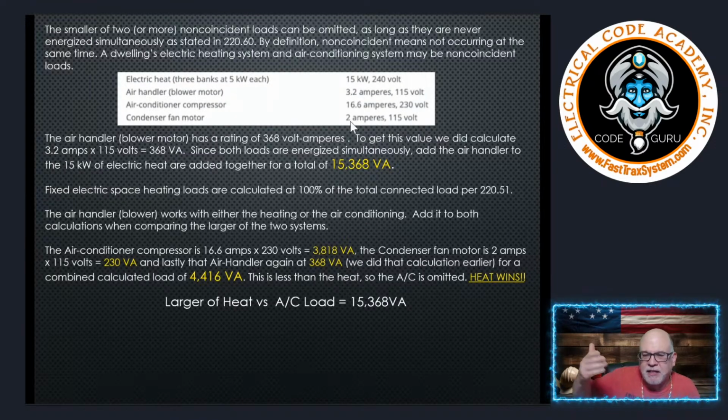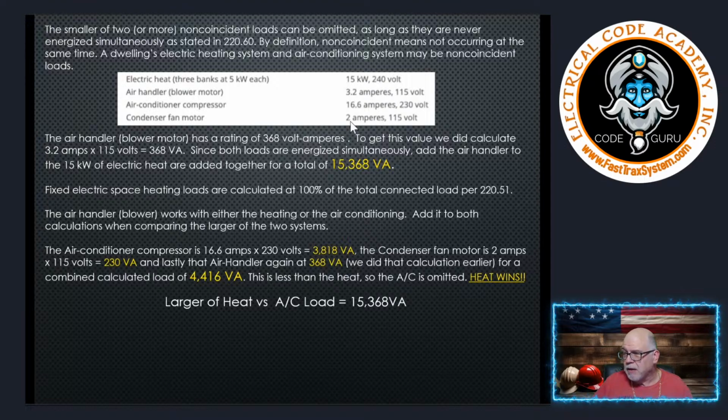If you're comparing these two non-coincident loads and the lesser of the two loads contains the largest motor in the dwelling, then you need to redo the calculation and take the largest motor at 125% plus the sum of the other motors associated with it, and then compare that to the heat and see if it overtakes the heat. Well, in our case, it ain't gonna come close. But in the 2020 and 2023, you have to go through that little exercise.